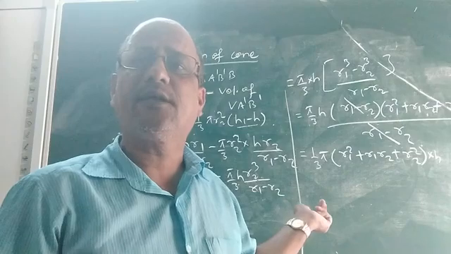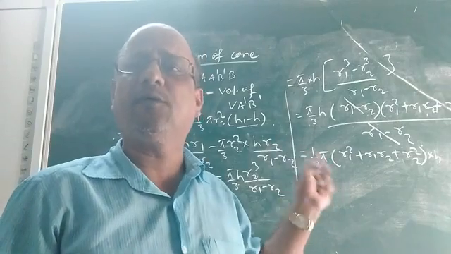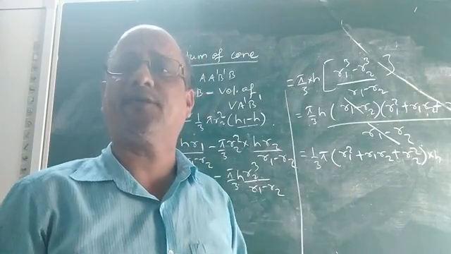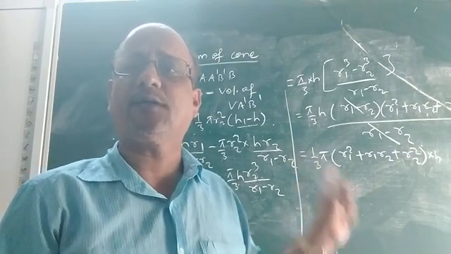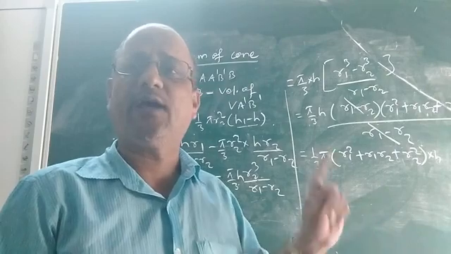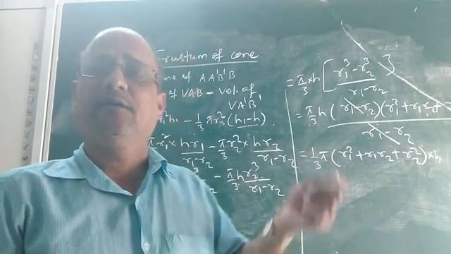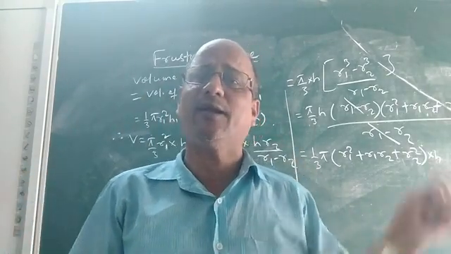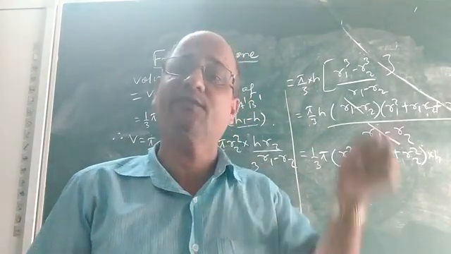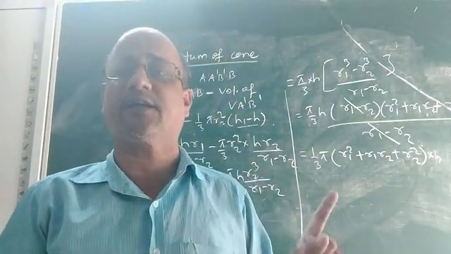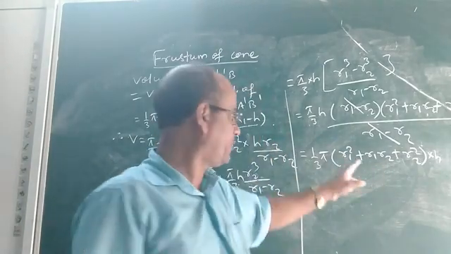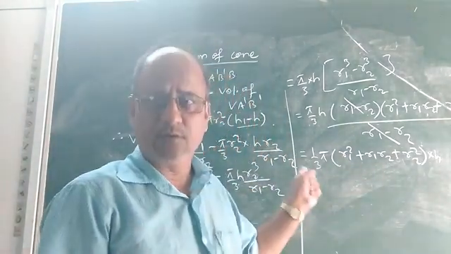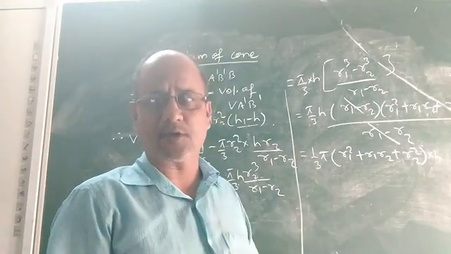This is the derivation, how to prove that the volume of a frustum of a cone is given by this expression, where r1 and r2 are the radii of the two flat circular ends and h is the height of the frustum, not slant height. So in this way you can derive the formula for volume of a frustum of a cone.